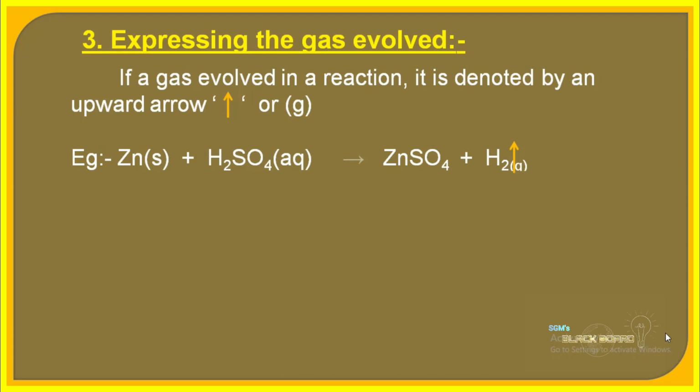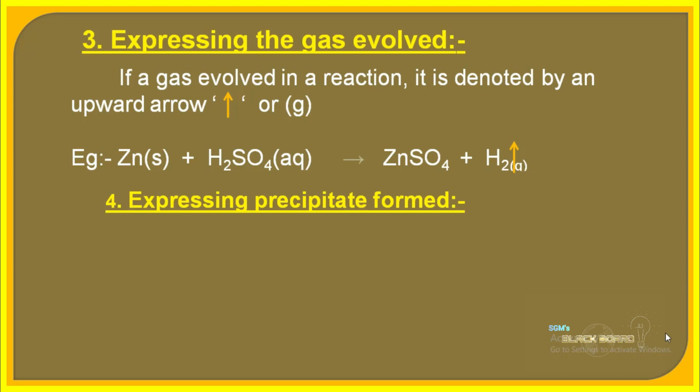Zinc is a solid, so we represent it as S. H2SO4 is an aqueous solution, AQ. Zinc sulfate is AQ, and hydrogen is a gas. Here beside H2 we have written an upward arrow, showing that gas is evolved in this reaction.